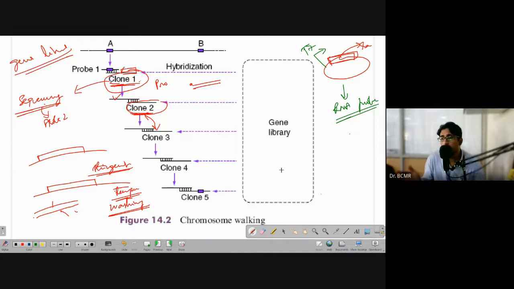We don't need to know the sequence either. All we need is to be able to perform in vitro transcription, so we get a radiolabeled RNA probe. This is how we usually make the probe, not for chromosome walking but for northern blotting. That's a good point. If it is double-stranded, it is a problem, so I think this is a better one.